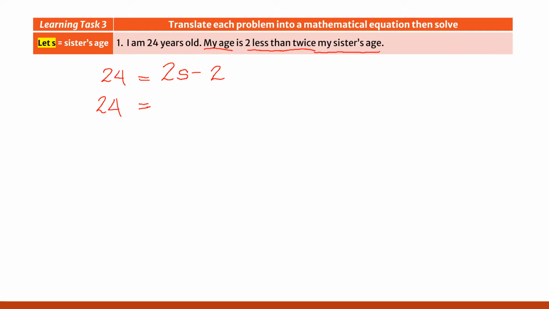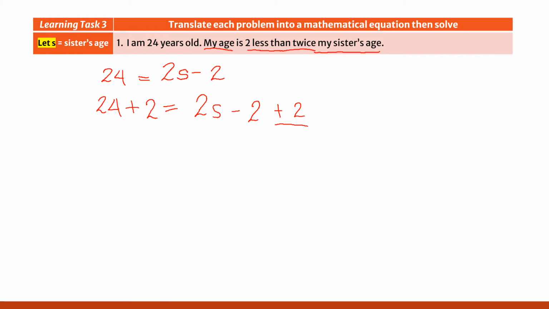And then, lagyan natin ng space for a while. Okay? And then, equals what? 2s minus 2. Ano nga ang opposite ng negative 2? That is positive 2. Ibig sabihin, i-apply natin yung addition property of equality. So, on the other side, meron din dapat na plus 2.